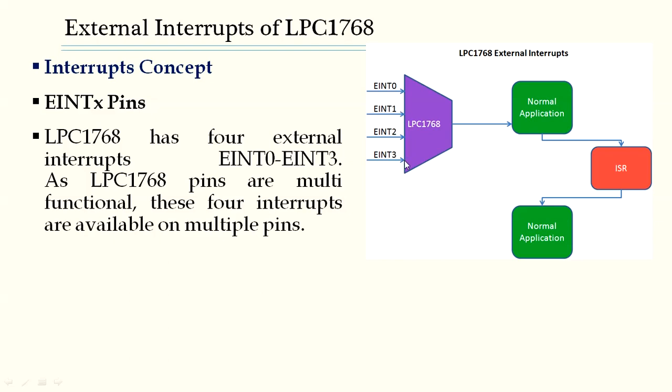Then what happens? If the interrupt occurs in the middle of the execution of an instruction, the controller completes it, and then the control is transferred to the ISR. What is ISR? Interrupt service routine. What does this routine consist of? It consists of a set of instructions to be executed whenever an interrupt occurs.